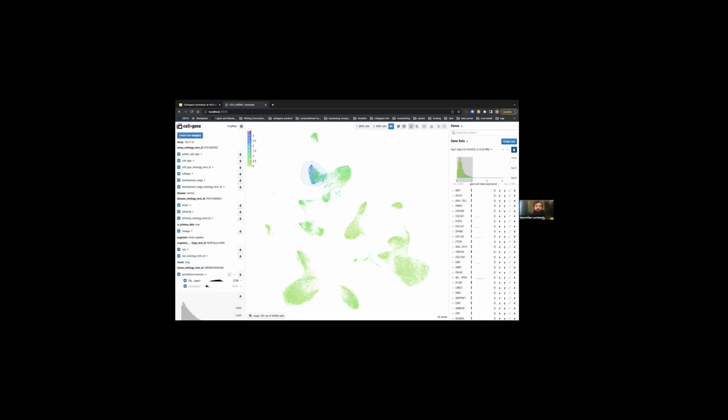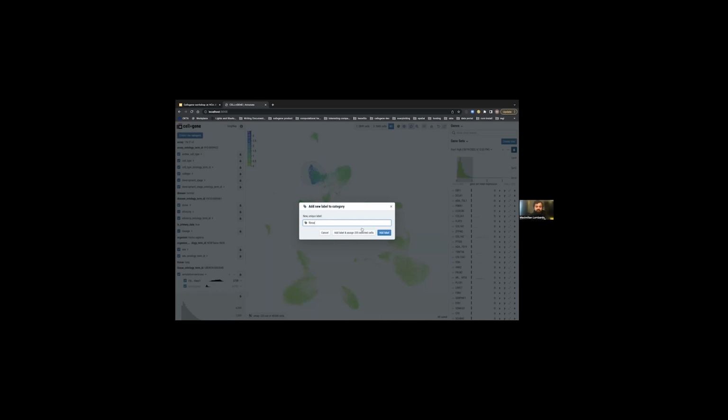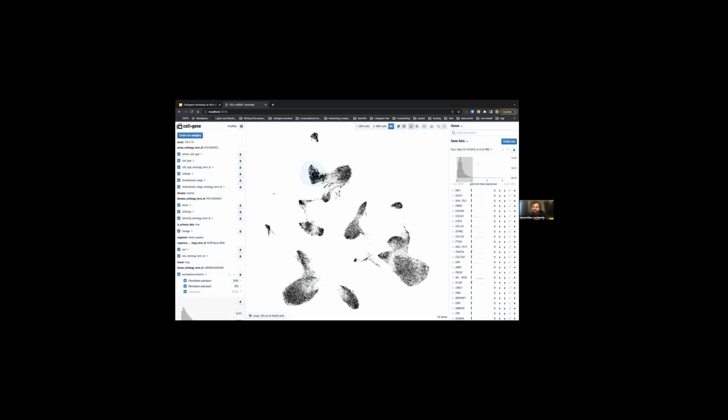I'm going to go ahead and create a new label for the category. I'll call it fibroblast subclass 2, and let's see. And so here, sorry, I did one thing wrong. I needed to unselect this. And now I think, actually this might be great.